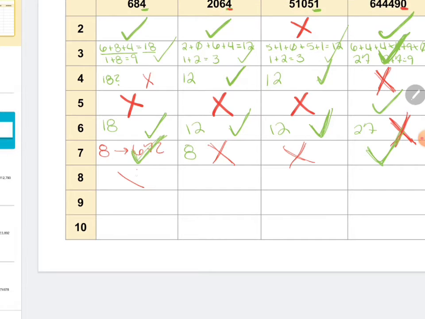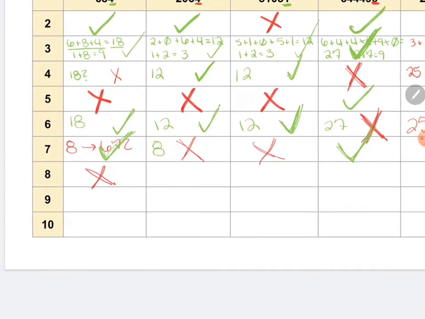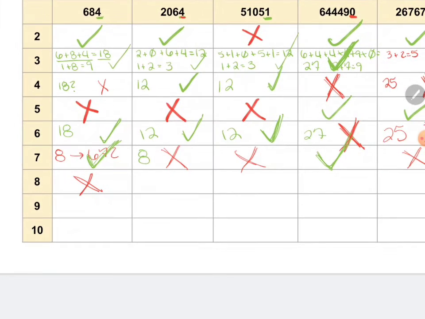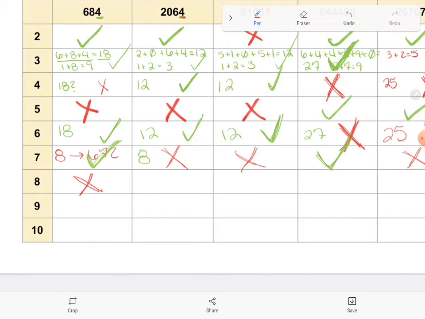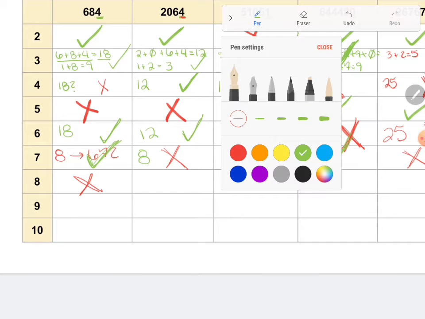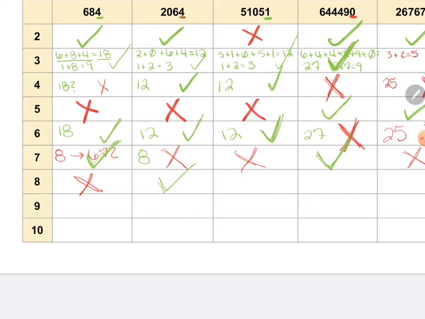So it will not be divisible. 2 plus 0 plus 6 plus 4 is going to be 12, which is actually going to be a multiple of 4, which actually pushes toward the 8 area. If we check it in our calculators, we'll notice that it is a factor.